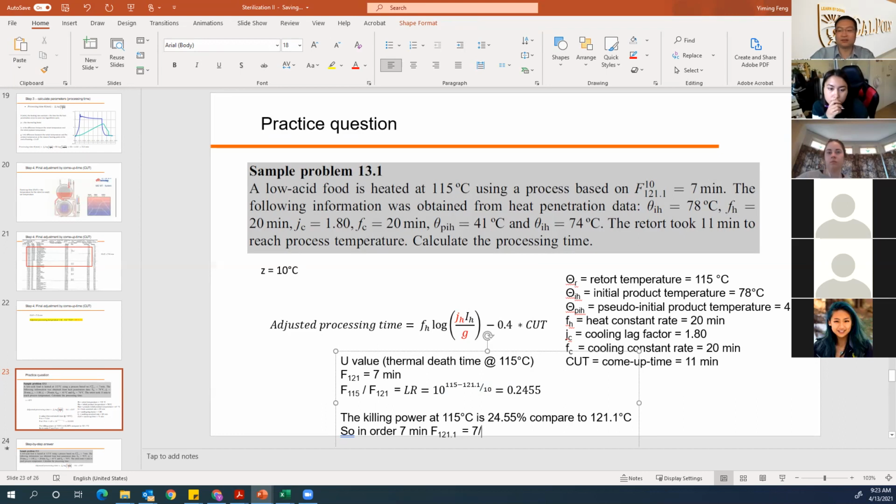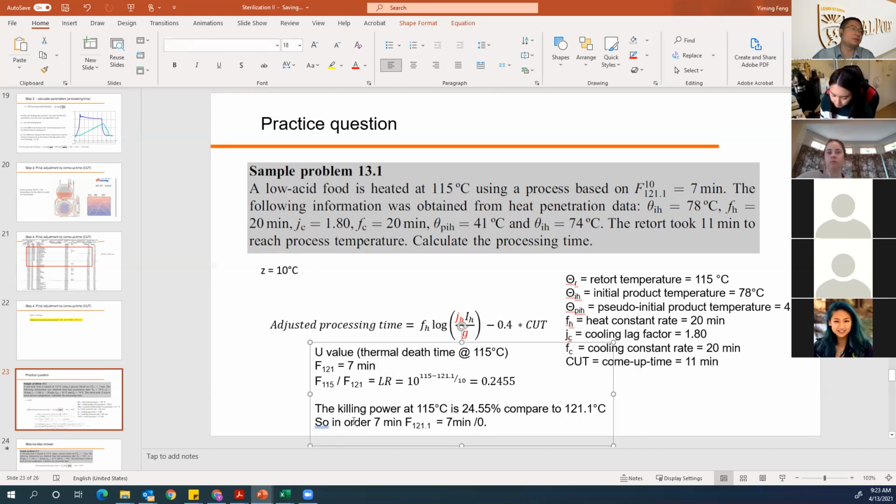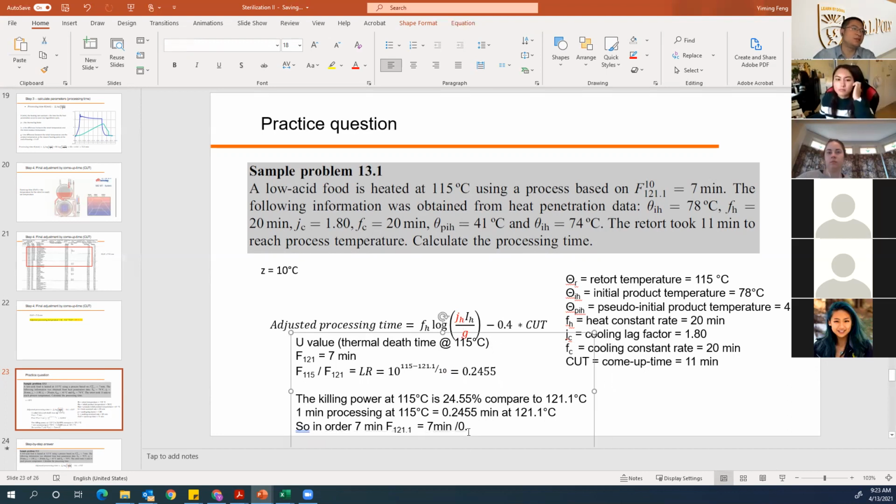How much more time we need, we can find by dividing by this number, because 1 minute of processing at 115 degrees C is only equivalent to 0.55 minutes at 121 degrees C. So in that case, we need 28 minutes to reach the same killing power.